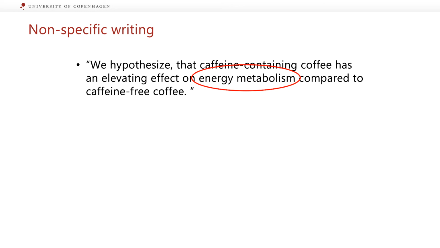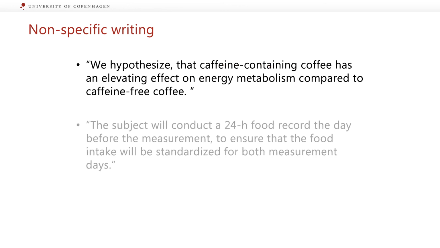So energy metabolism is just something about energy being metabolized. What they are aiming at probably in this sentence is the diet-induced thermogenesis, or the energy expenditure as a result of drinking caffeine-containing coffee. So diet-induced thermogenesis would be the specific and the right word to use in this context.